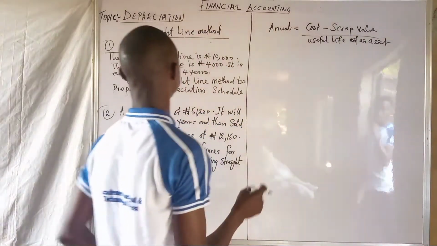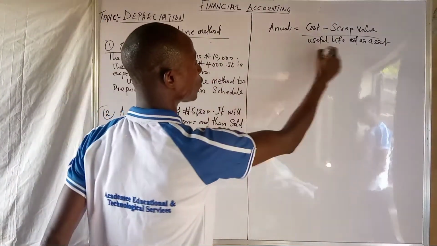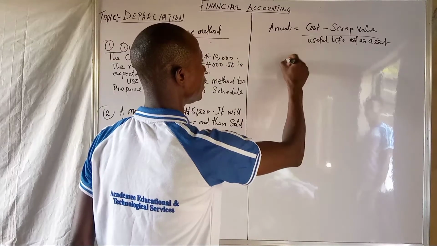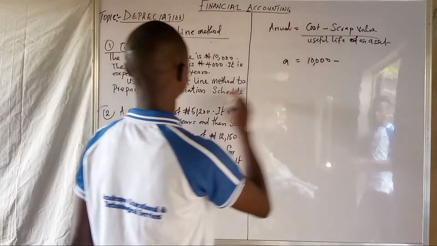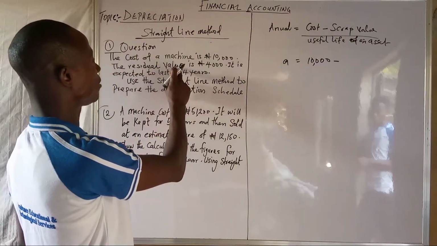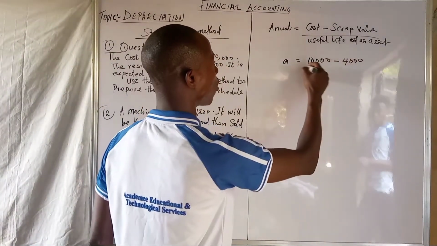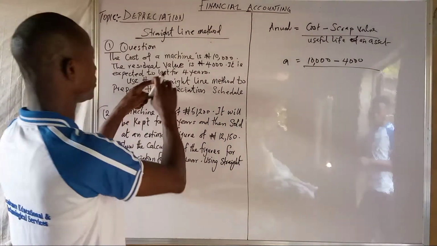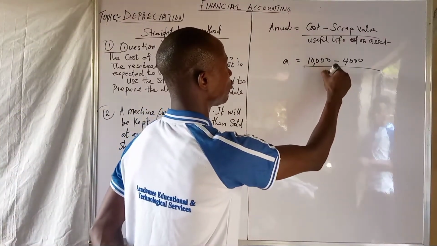So here, we have 10,000 naira as the cost of the machine, so A equals 10,000 minus the scrap value, which is 4,000, all over how many years the asset is expected to last, which is 4 years.